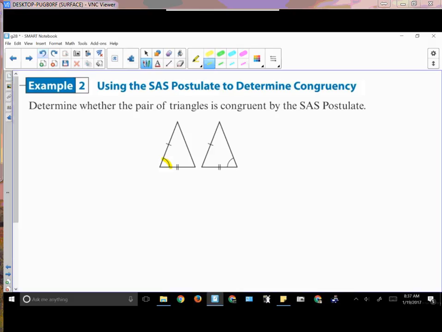Now, part of this is looking at, well, gee, this side is congruent to that side, that side is congruent to that side, and that angle is congruent to that angle. So it has two sides and one angle congruent, but they are not in the correct order. They must be in the correct order, otherwise this does not work.